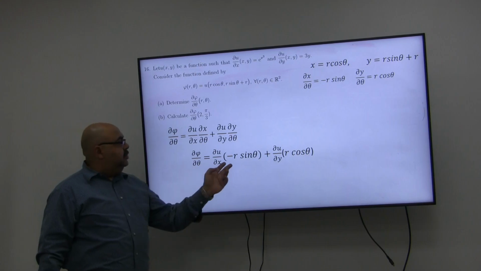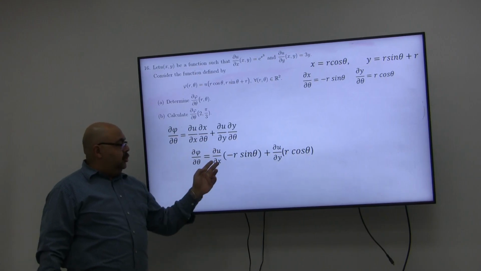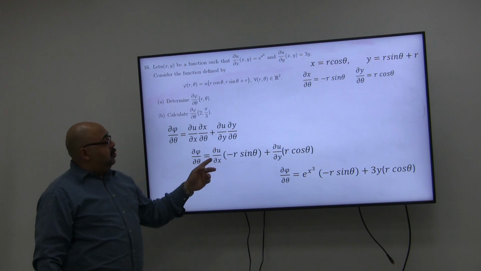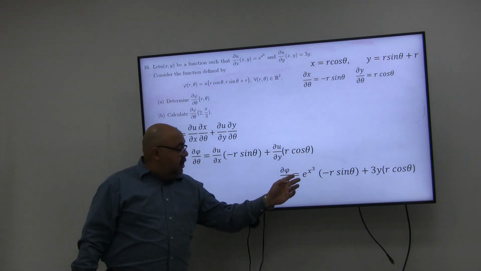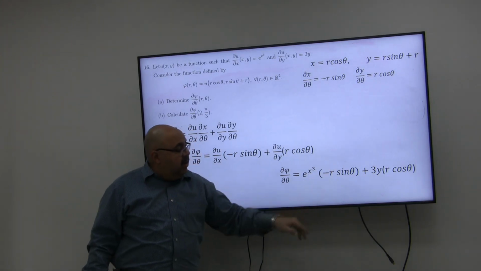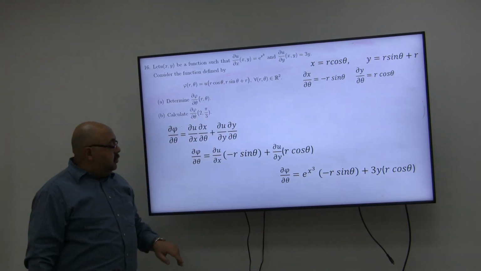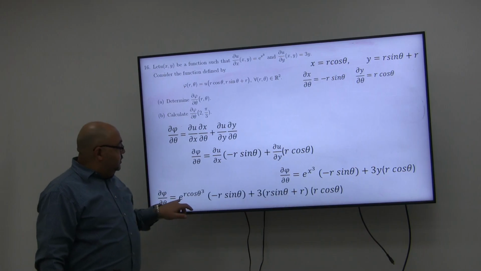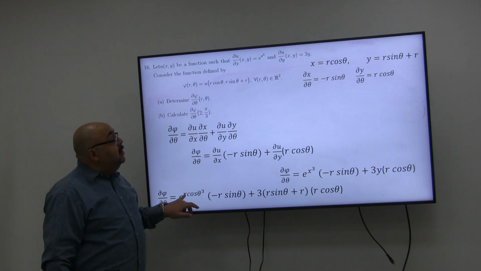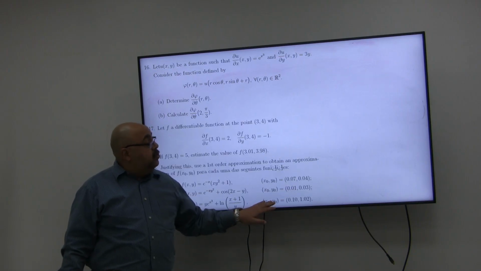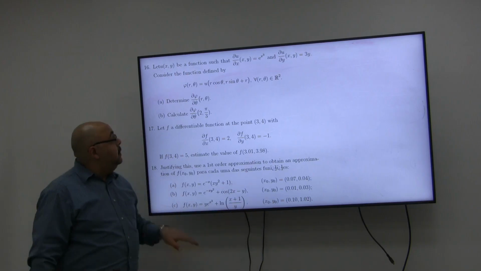Then start substituting in partial u, partial x, as you can see. It's going to be e to the power of x cubed times negative r sine theta, plus 3y r cosine theta, from the given function. Then partial phi, partial theta is going to be e to the power, using the substitution that I have. And in the same way for the y component, it is proven.